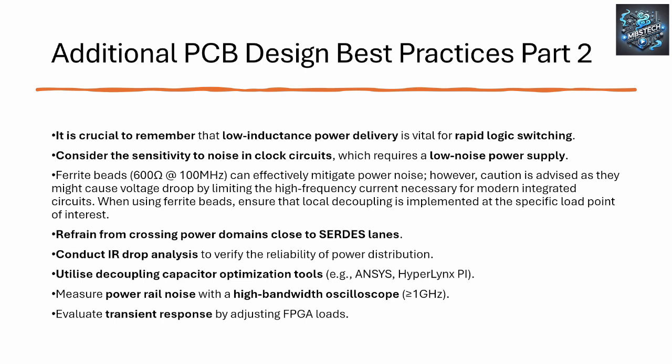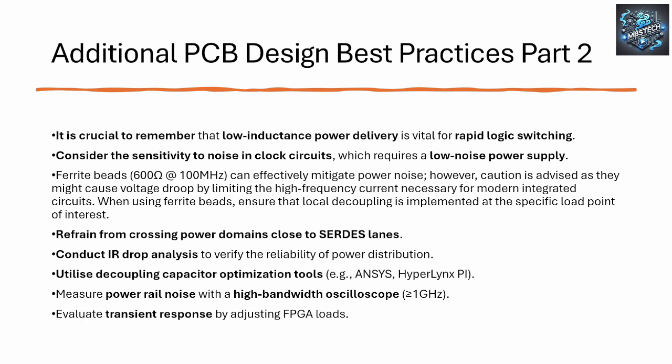Ferrite beads can be an advantage and they can be a disadvantage. Going left to right in your mind's eye, imagine you've got a power supply and then a ferrite bead and then the power supply which the ferrite bead is supplying. Okay.